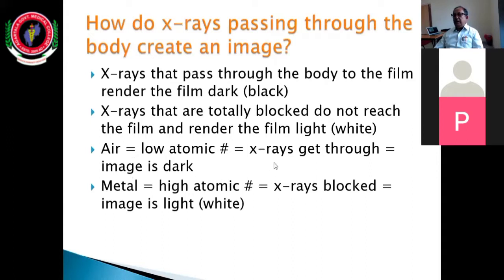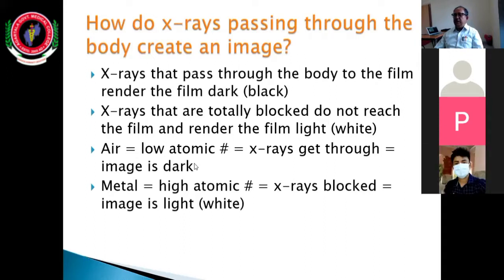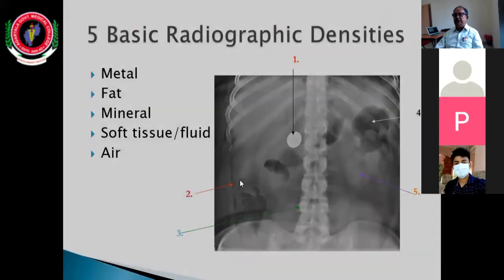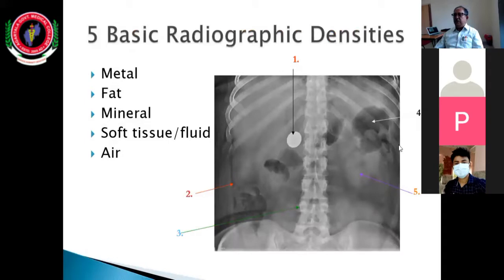So air, of low atomic number, the image of the air is dark, and metal is of high atomic number, X-ray is blocked and the image is light or white. This is the metal, where there is a high atomic number, so the image is white. This one is the fat, this is the bone, this is the mineral, and this is the gas, where there is a low atomic number, so the image is dark.